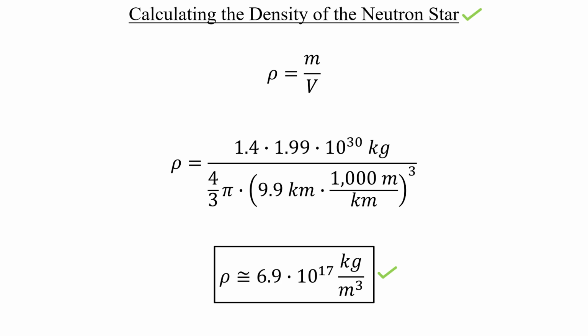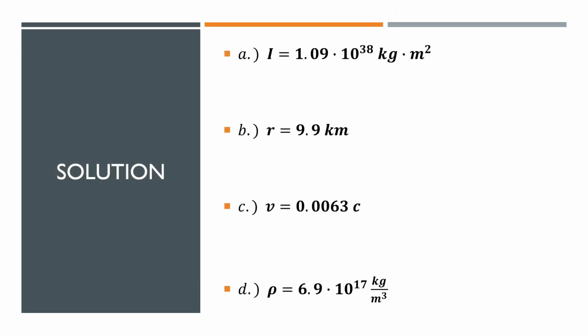And now, we've covered a fair bit in all these parts, and I think it might be best if we do a quick recap on the solution card to review. So in part A, we used the equation for the rotational kinetic energy of an object, and then we took a derivative of it. And when we set that derivative equal to the amount of energy that was lost by the neutron star, we were able to solve for its moment of inertia, which is this value here.